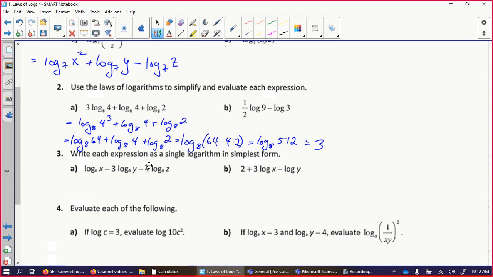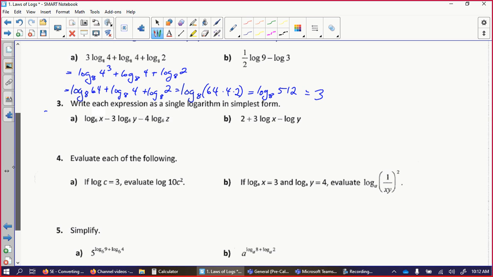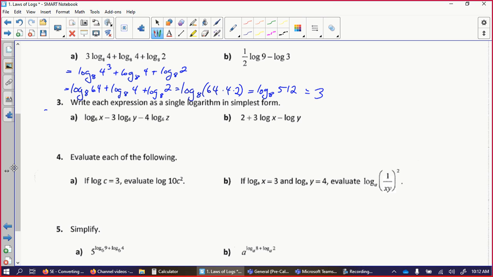Write each expression as a single logarithm, so you're taking this and going backwards. If log of c equals 3, so this is a product, so this is log of 10, log of c squared, and I'll deal with that later, plus 2 log of c.